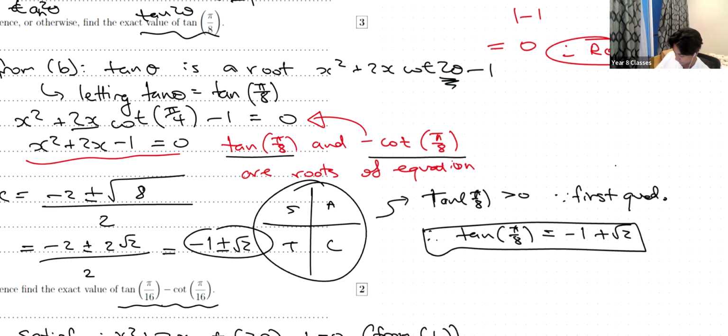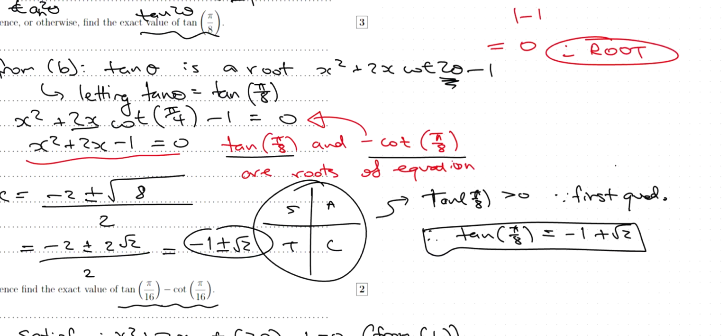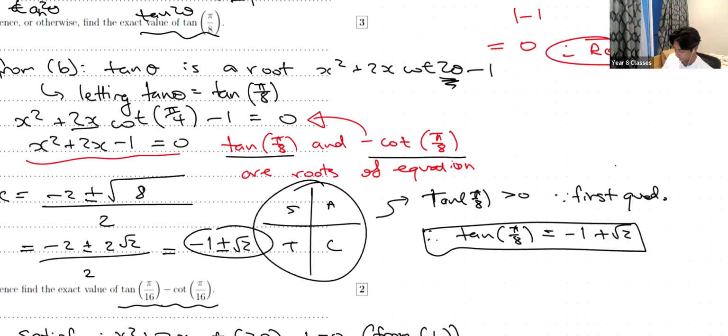Now what to do from here? Because we can't really find a clean value for the pi on 8, can we?